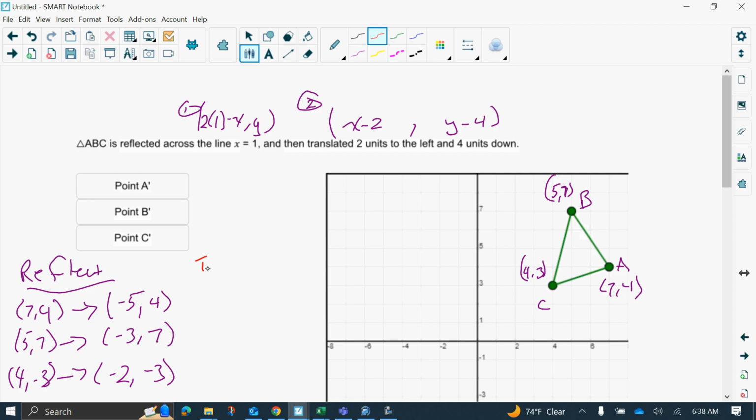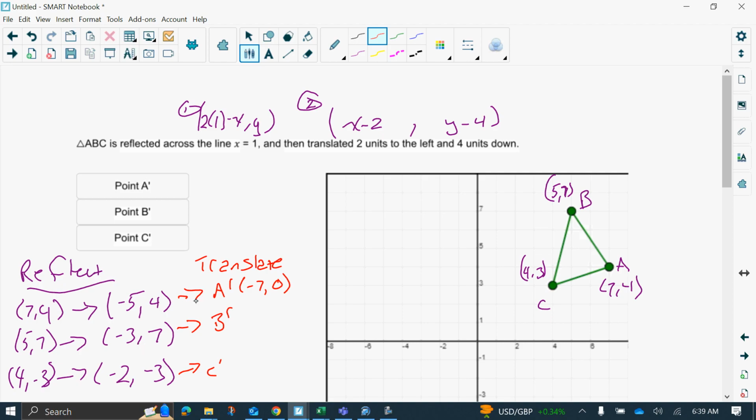And then we translate. It says subtract 2 from x, subtract 4 from y. -5 minus 2 is -7. 4 minus 4 is 0.